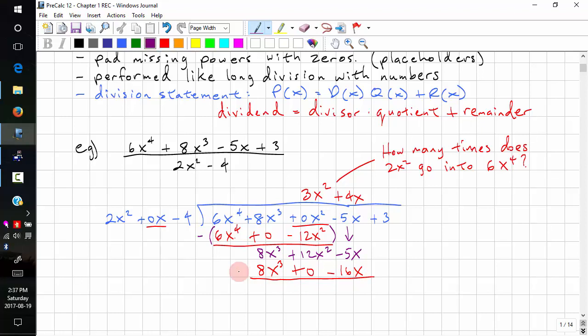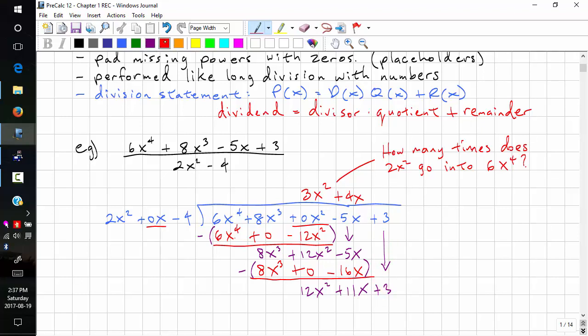And we subtract again. 8x cubed minus 8x cubed is 0. Again, we don't write it. 12x squared minus 0 is 12x squared. Negative 5x minus negative 16x, so that we're adding 16x. This is plus 11x. And we bring down the next term, plus 3.